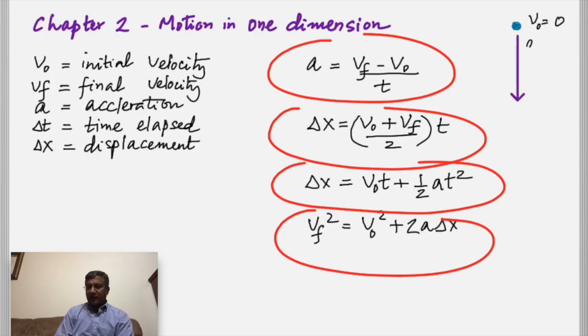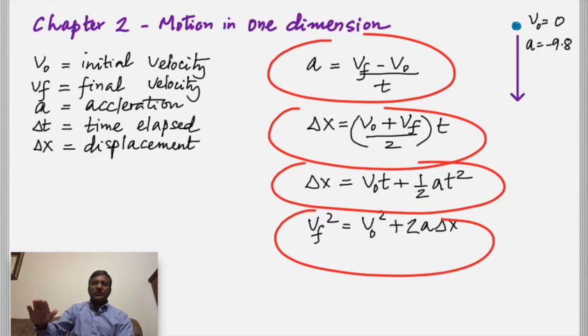Let's say that an object is just dropped from a certain height. Just dropped, you let go. So the initial velocity is 0. And since it's falling under the action of gravity, the acceleration is negative 9.8 meter per second squared. Now, why is it negative? Because it's going down.